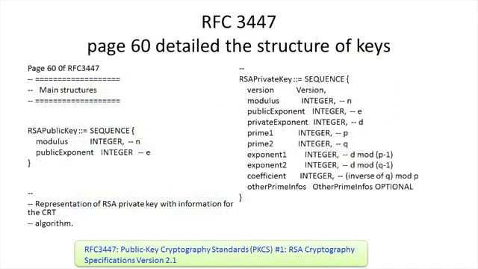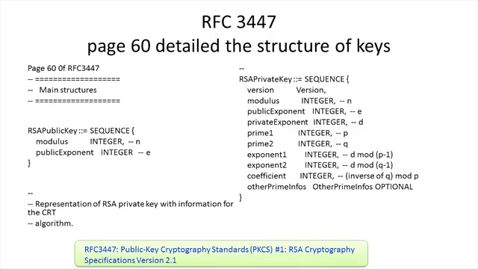And here is page 60 of Request for Comments 3447, which is Public Key Cryptography Standard PKCS number 1, which describes in detail the RSA cryptography specification version 2.1.